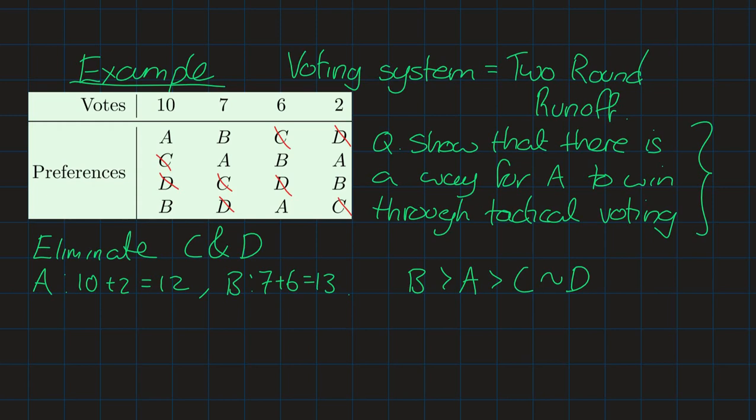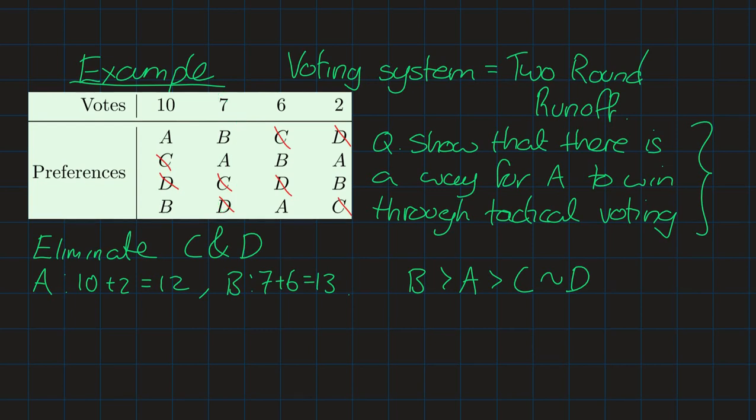Now I want to do some sort of tactical voting so that A wins. That's what the question was asking me to do. I can't just take these votes from B and move them over because these 7 people are happy. They can't be happier at the moment because B is the actual winner, so they're not going to be willing to change their votes at all.